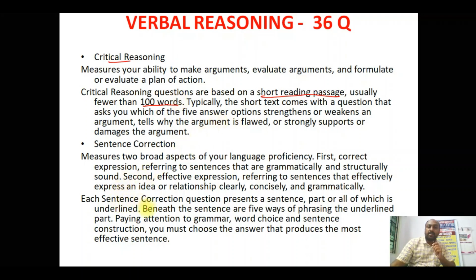Along with that, you get sentence correction. In this critical reasoning also, you should have the argument, analyze the argument, flaw, strongly supporting, assumption, whatever, all this is related again to the short passages. So big passages we call reading comprehension, and the small passages we take as critical reasoning. And there is also sentence correction. In sentence correction, too, it is mainly grammar rules. You need to have good grammatical rules and good vocabulary skills. All these will be very important in sentence correction, right? Because to correct you should know the sentences perfectly, where what should be placed and in what manner.